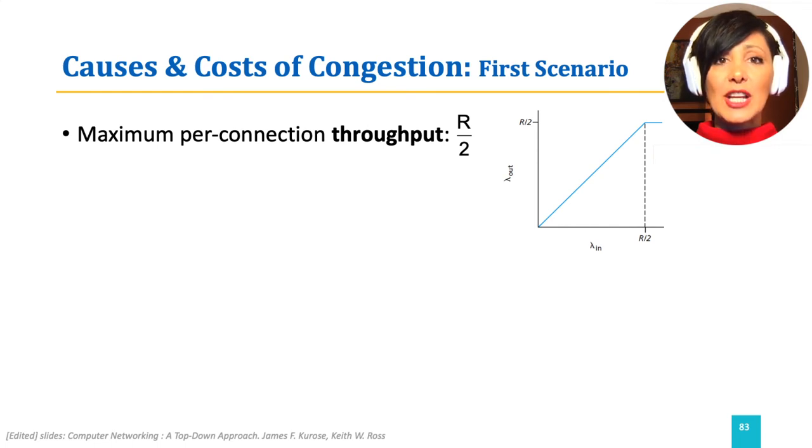Since the two connections are sharing this link, and it will be at capacity at this rate, with increase in lambda in, the lambda out could no longer increase. Both of the connections will keep the same share of the throughput, which is half of the link capacity R from that point forward.